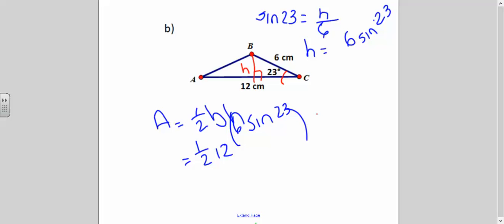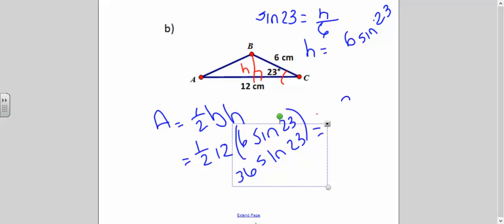It's moving on me, it's like a ghost. There we go. So if you multiply that out, you end up with 36 sine of 23. So you can do that in your calculator.